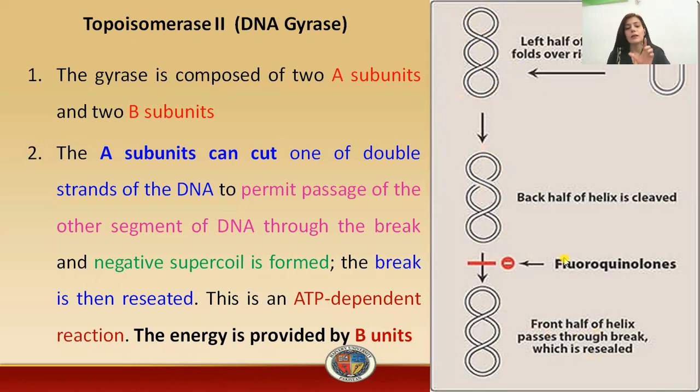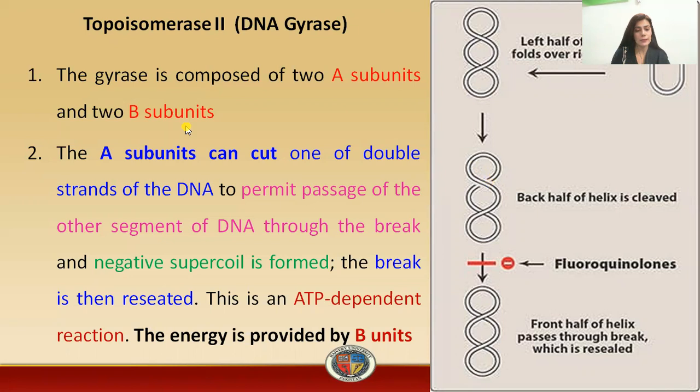But what is your drug doing here? Your fluoroquinolone will inhibit this step. It will stop the cutting at this site by inhibiting the enzyme DNA gyrase that was responsible for cutting this side of the DNA.